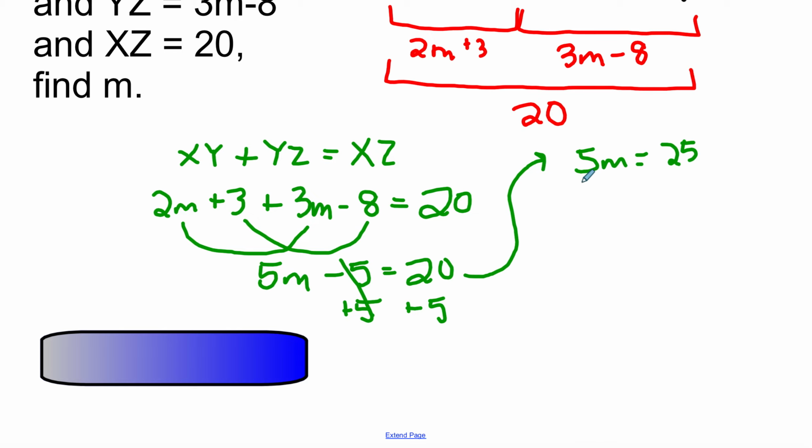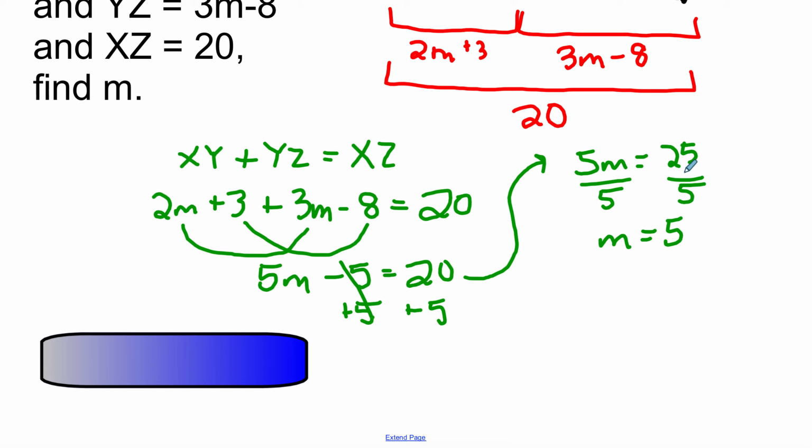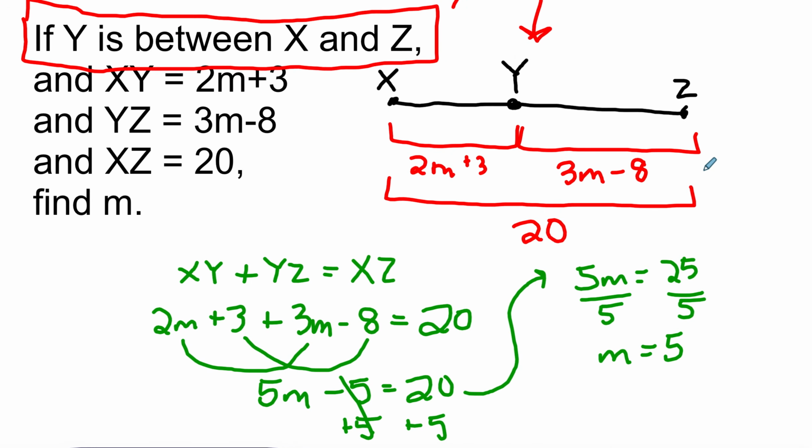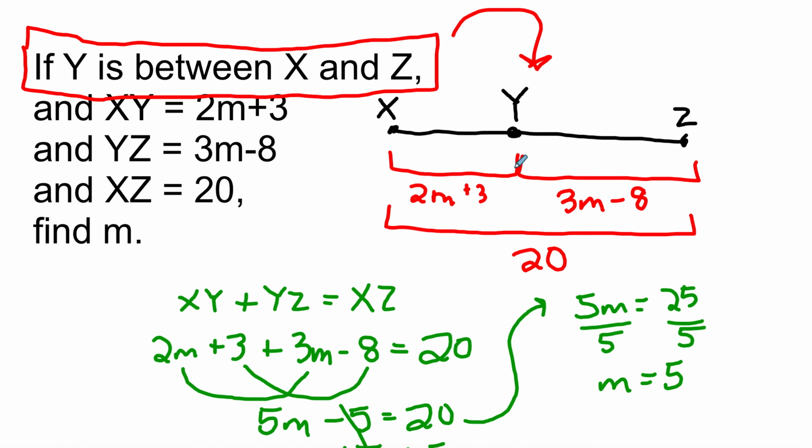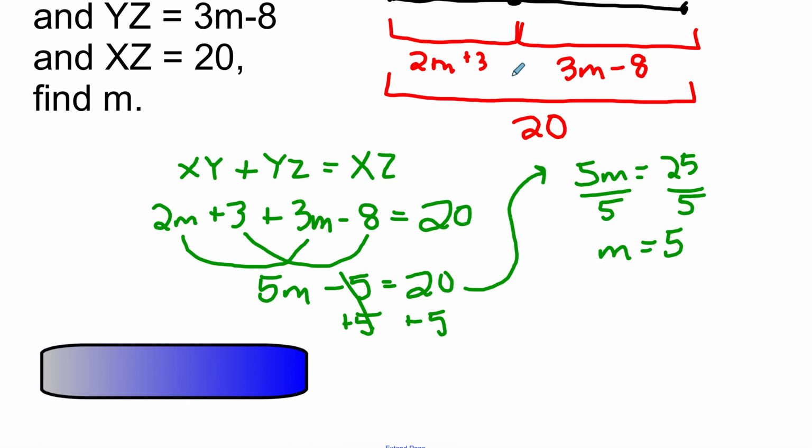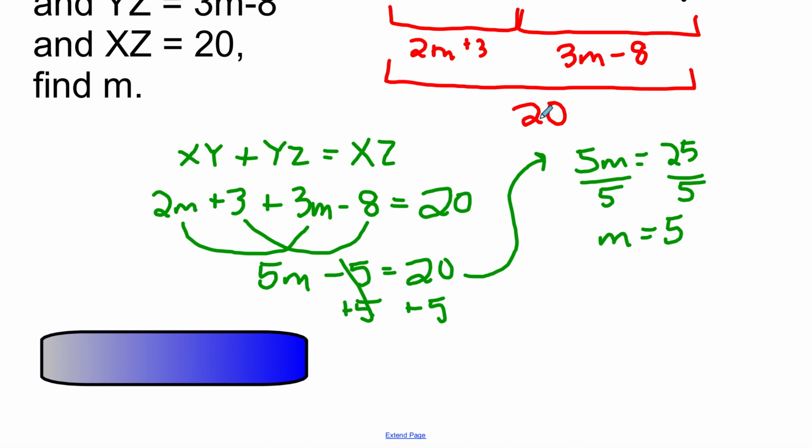And then to get m by itself, I need to divide both sides by 5, because these are connected by multiplication. And m is 5. So that's an example of why we would use the segment addition postulate to help us find different values. And then I could even go back and find exactly what the distances XY and YZ would be if I plugged in m. But that's how we use the segment addition postulate.